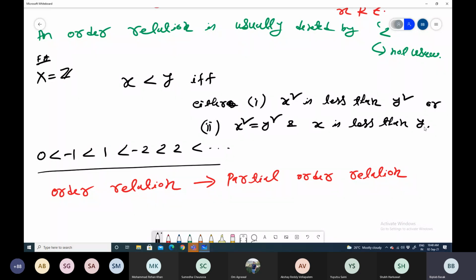So if you compare 0 and -1, x square is not equal to y square, therefore x square is less than y square, so 0 is less than -1. And if you look at -1 and 1, their squares are the same, so by the second property, -1 less than 1. And similarly by the first property, 1 less than -2.